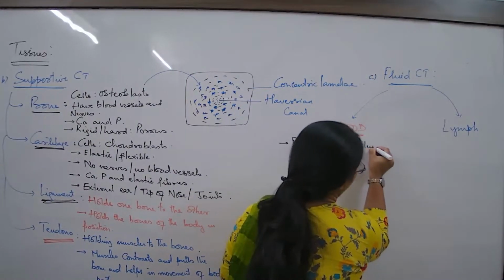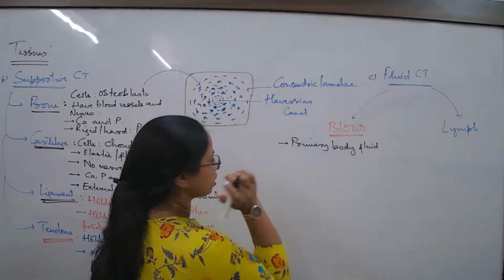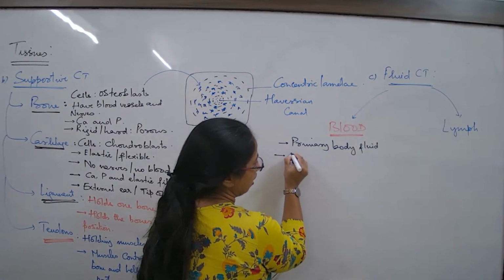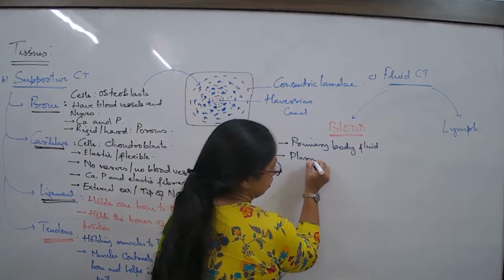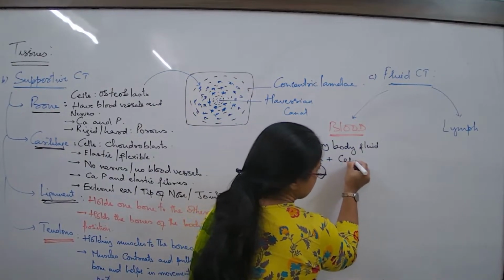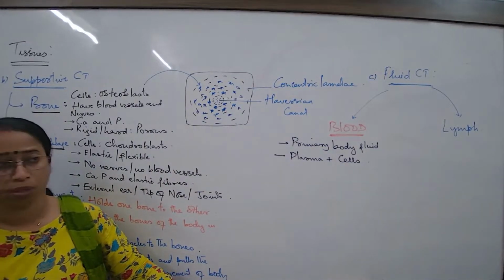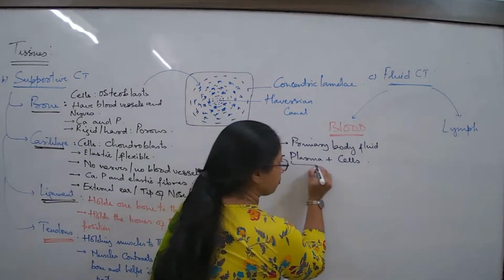This primary body fluid has two parts. Which are the two parts? The plasma and the cells. What is the plasma of the blood made up of?